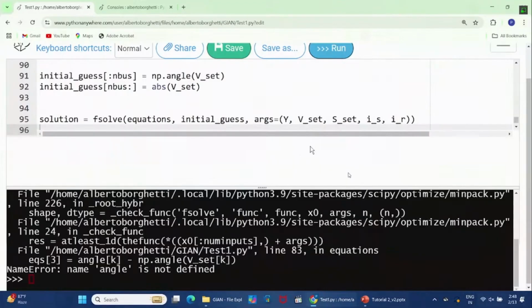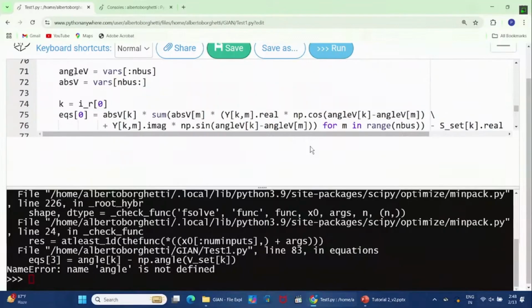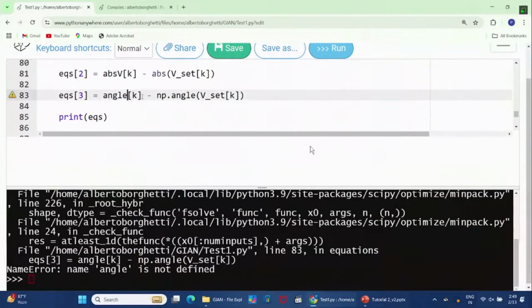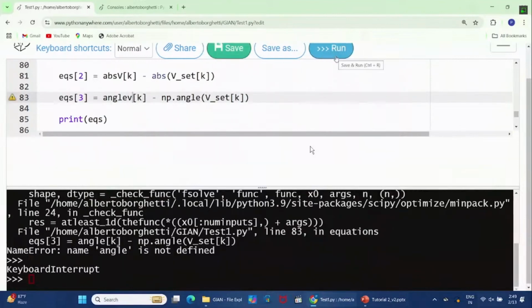So now it's complaining about the angle in equation 3. I was looking at this, but it is not angle, that's all. It is angle V, the name of this variable. It is just the angle that we have put, so it is angle V. I was focused on this, but it was just this mistake.